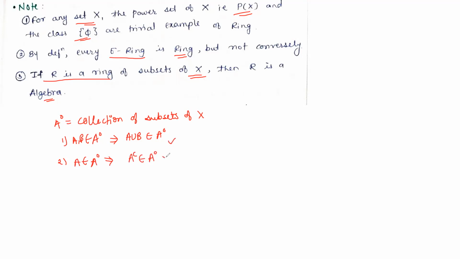If these two conditions are satisfied, then we say that this collection of subsets of X is an algebra. And if R is a ring, then R is an algebra. That is, if R is a ring, then it also satisfies these two conditions.